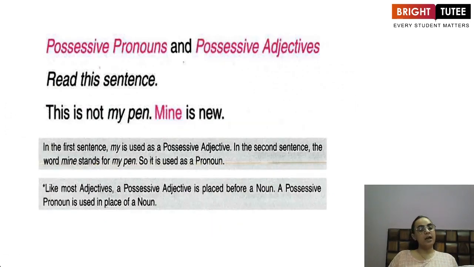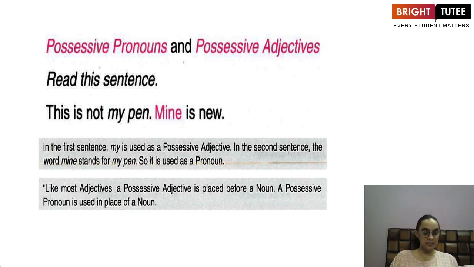All right. Now again, let us understand the difference between a possessive pronoun and a possessive adjective. Again, possessive pronoun is something which is used in place of a noun, while a possessive adjective is used with a noun.